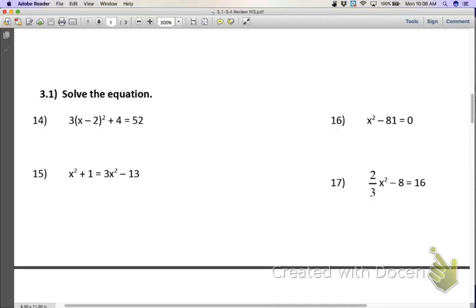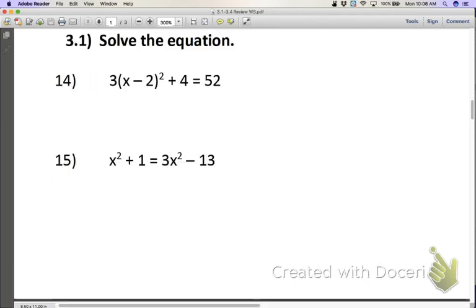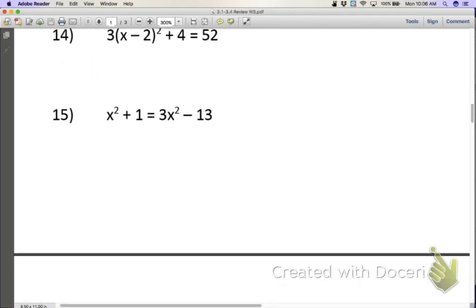For 15, what I would do is I would do it by isolation because I don't have another x. So I would add 13 to both sides, and I would subtract x squared from both sides. So I'd have 14 equal to 2x squared. Okay.